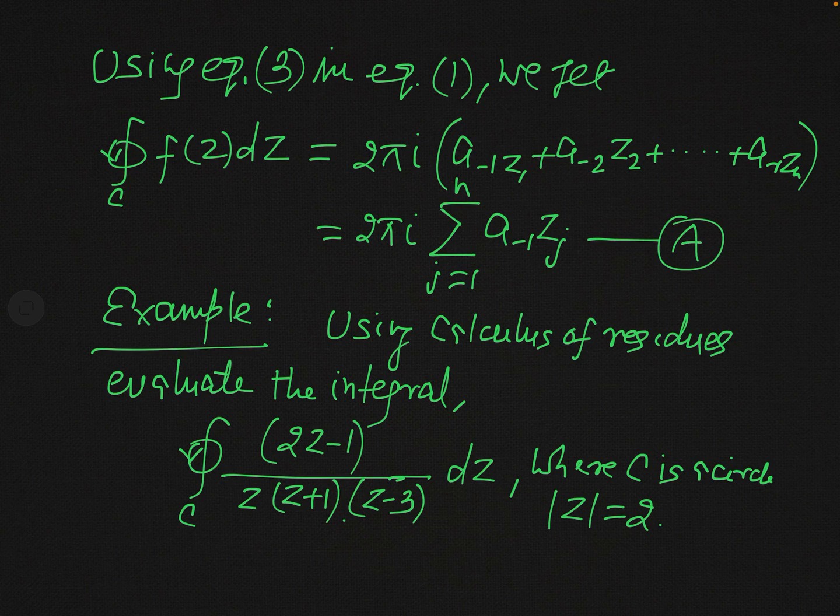When you say C is a circle whose equation is mod of z equal to 2, it means the center of this circle is at z equal to 0 and its radius is 2.